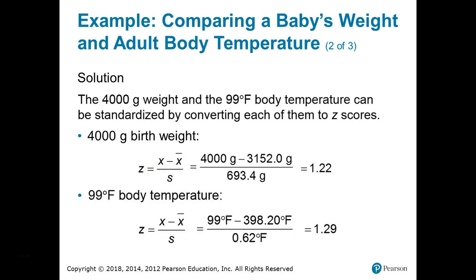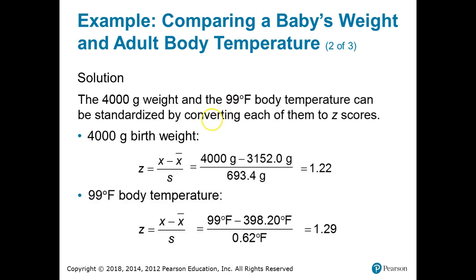So for the birth weight z-score, we take our 4,000 gram birth weight, we subtract our mean, which is 3,152, and then we just divide by the standard deviation. Now this is a formula that I will expect you to be doing yourself with your calculator. And even though it's this very simple formula, a lot of students make a mistake on it.